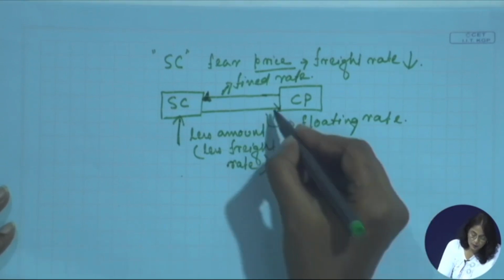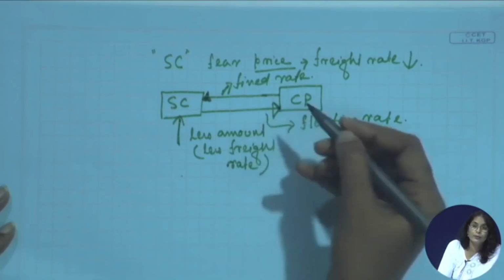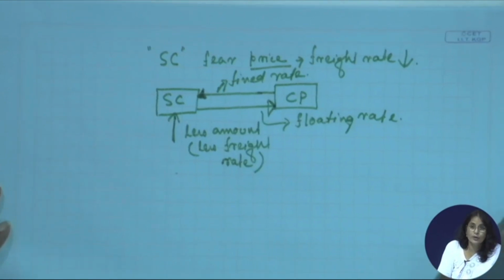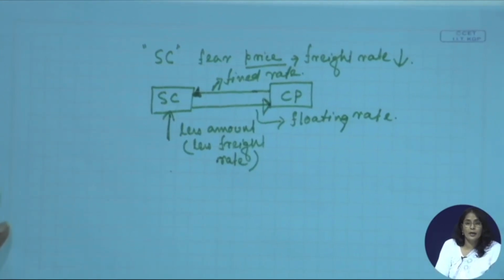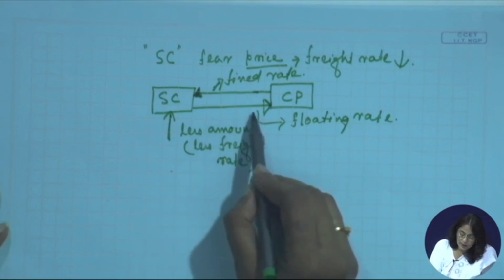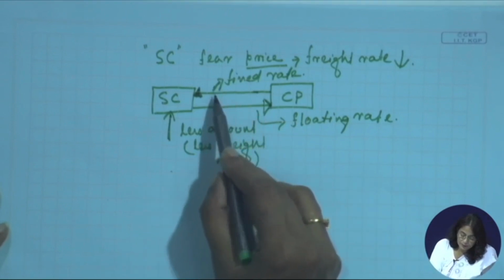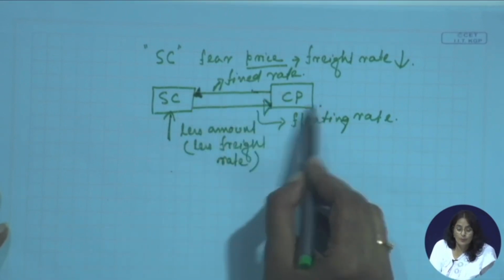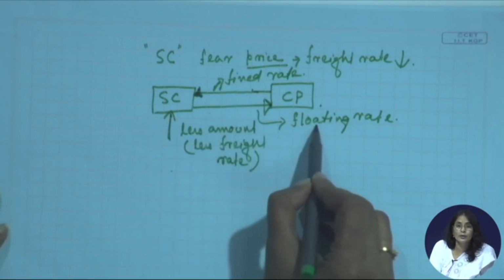It will enter into a freight forward agreement for some period of time into the future, maybe 6 months or 8 months depending upon the expectation. So it will be receiving the fixed rate from the counterparty, and it will be paying the floating rate.